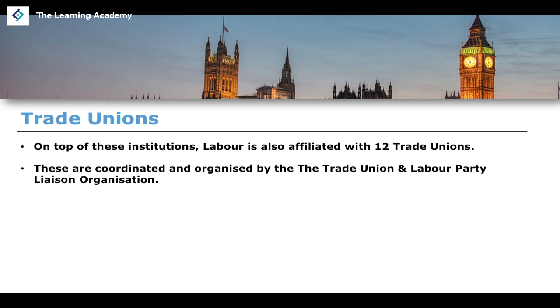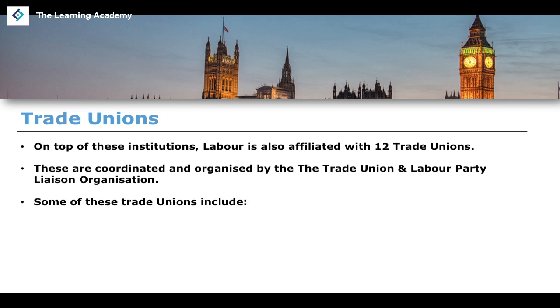These are coordinated and organised by the Trade Union and Labour Party Liaison Organisation. This acts as an umbrella institution that organises and coordinates with these 12 affiliated trade unions to work with the Labour Party, as a way to better harmonise the relationship between the two.